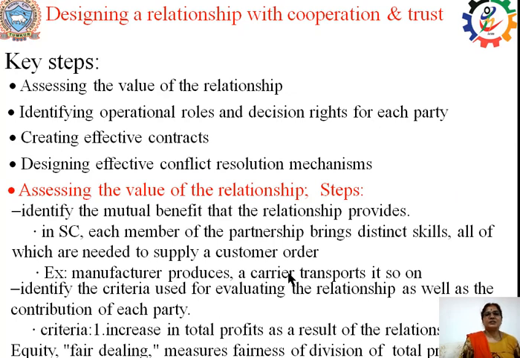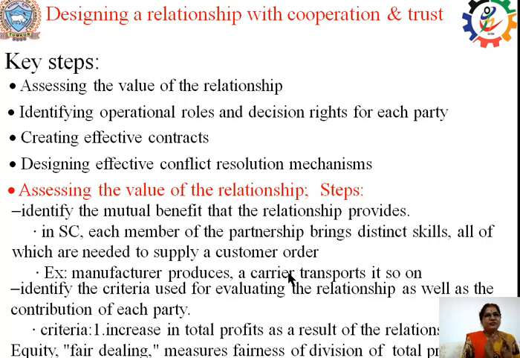So how to design a relationship with cooperation and trust? Because once a relationship is with cooperation and trust, you can consider that the ultimate is reached, because such a supply chain will be highly successful.